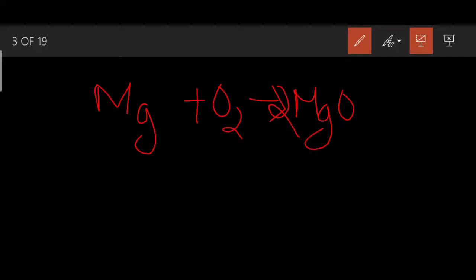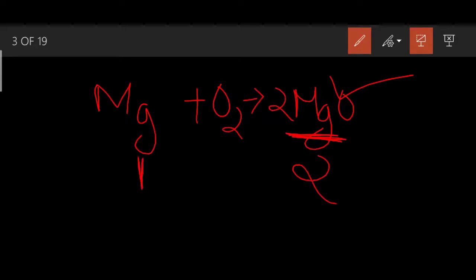Now oxygen is balanced, but Mg is not balanced, as here Mg is now 2 and Mg here is 1. So we have to balance it again.